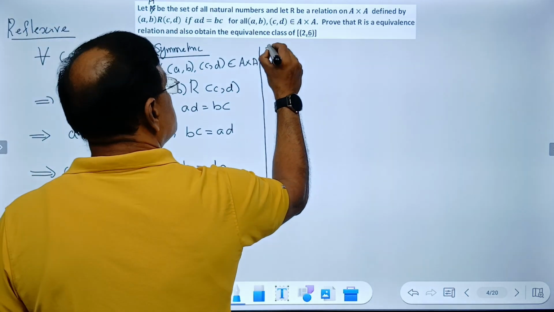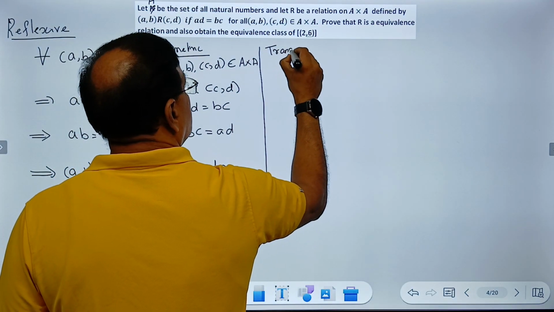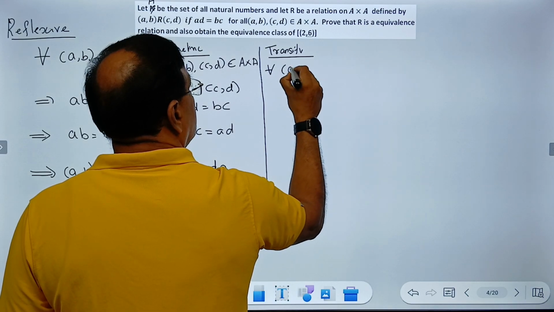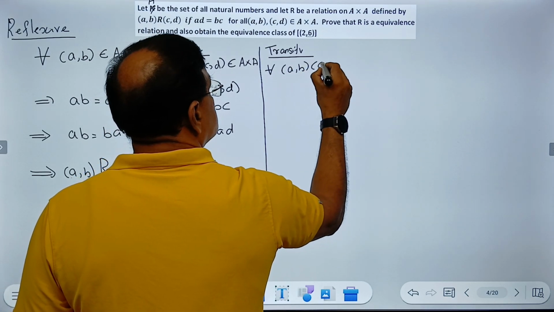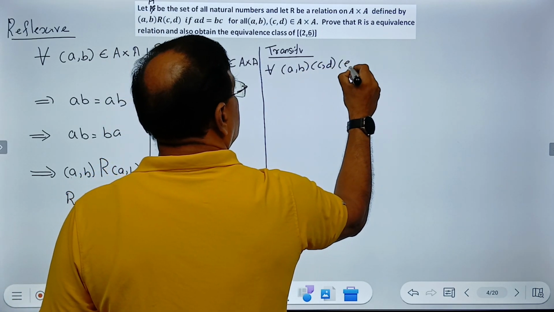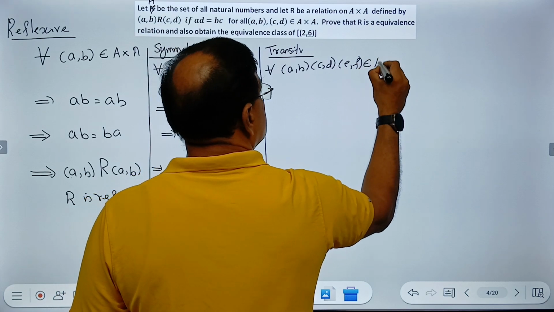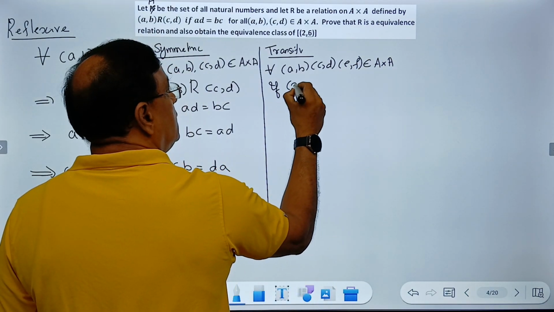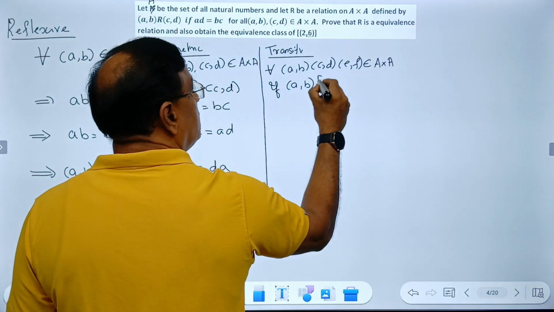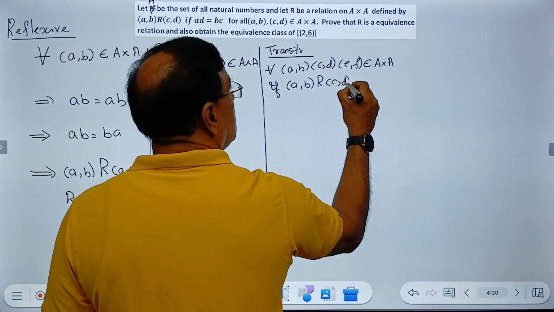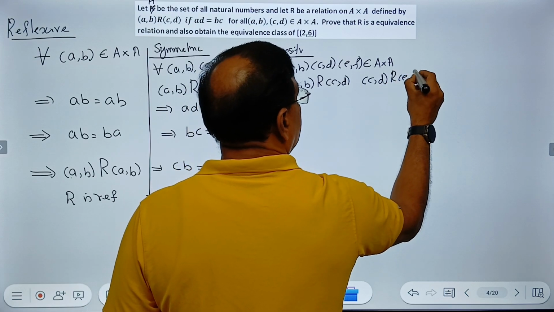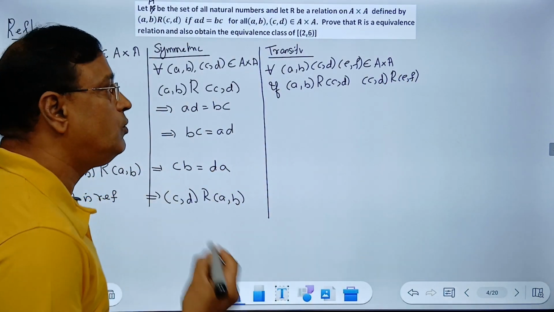Now, what is transitive? Transitive relation. For every (A, B), (C, D), (E, F) belongs to A cross A, if (A, B) is related to (C, D) and (C, D) is related to (E, F), then what do I know?